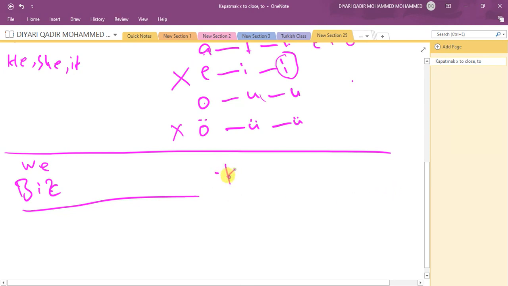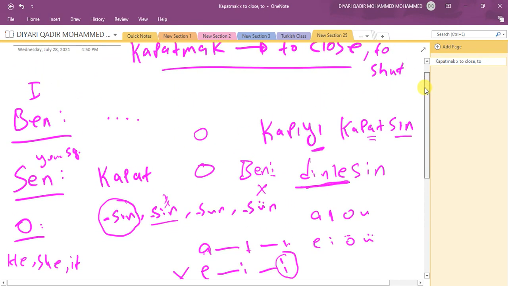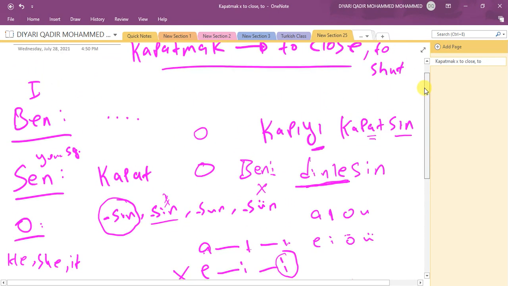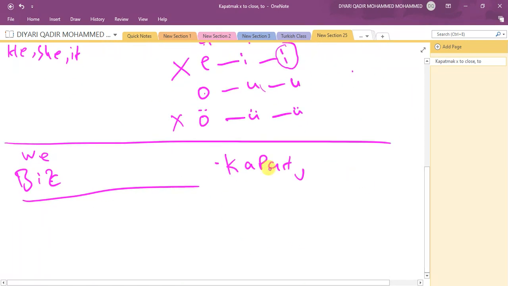For example, I said kapat. Can I add a suffix that refers to us to close? No, we don't have it. We don't have any suffix for biz, for we, that refers to us ordering ourselves to close something or to do something. As with ben, for I, we also didn't have it.